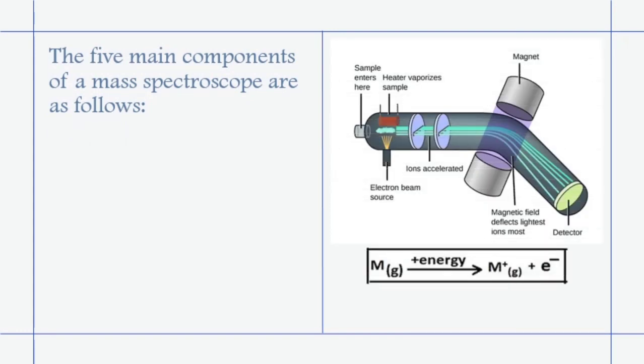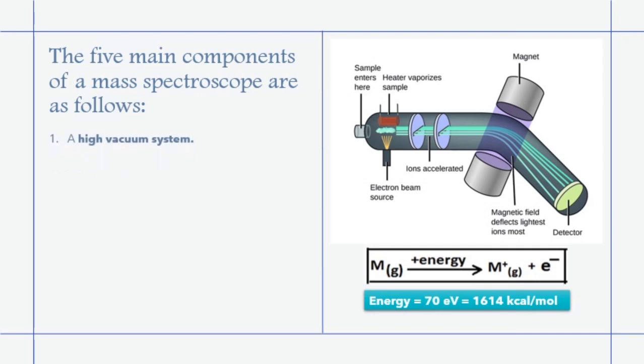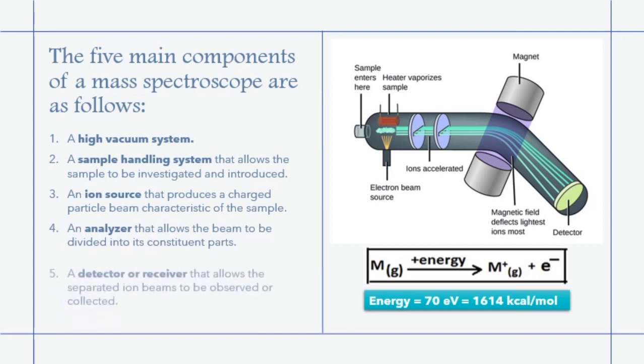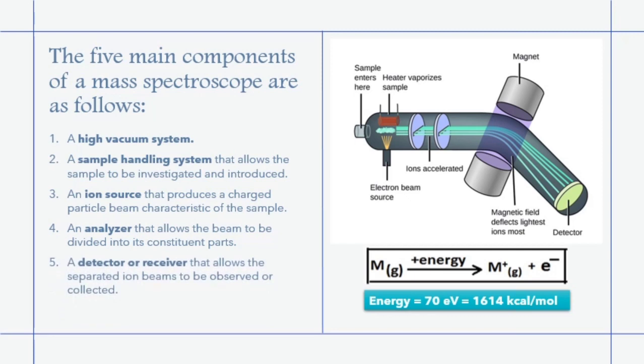The spectroscope consists of 5 main components, which are a high vacuum system, a sample handling system that allows the sample to be investigated and introduced, an ion source that produces a charged particle beam characteristic of the sample, an analyzer that allows the beam to be divided into its constituent parts, and finally, a detector or receiver that allows the separated ion beams to be observed or collected.